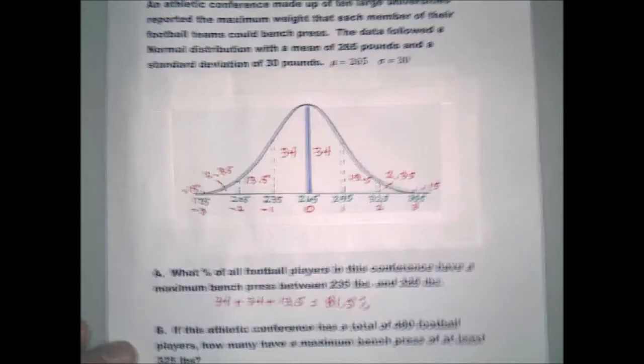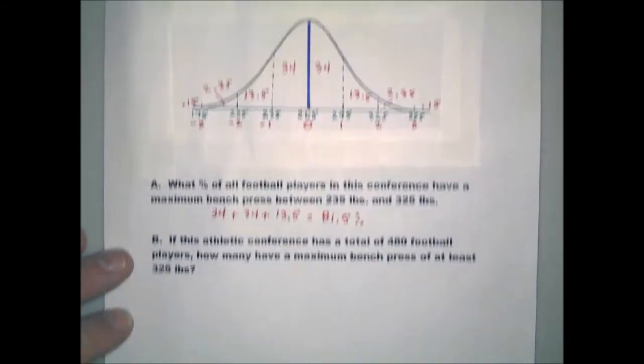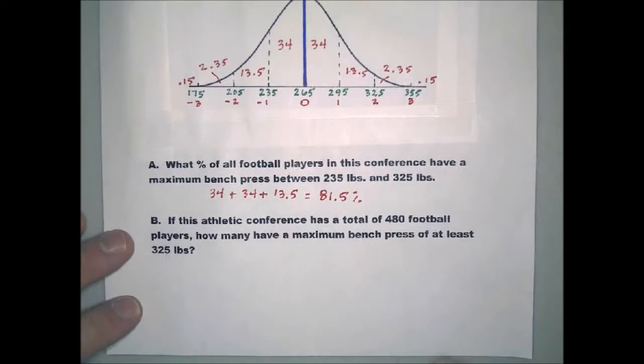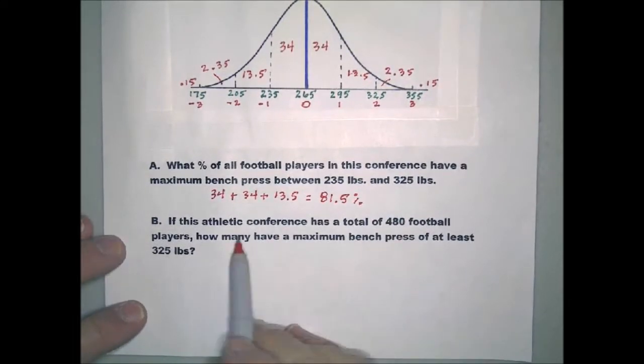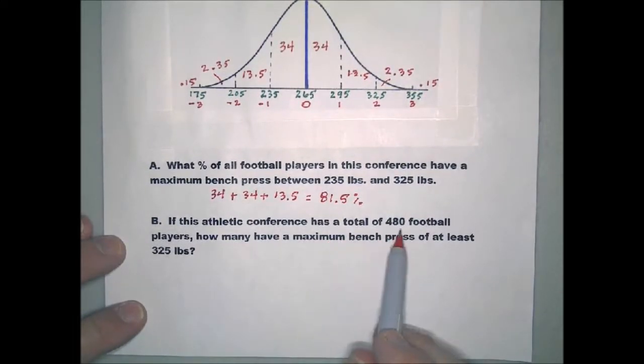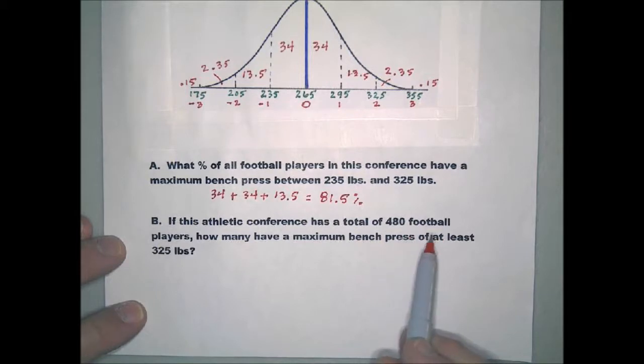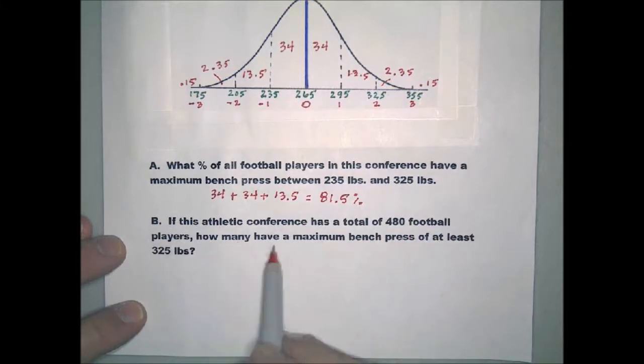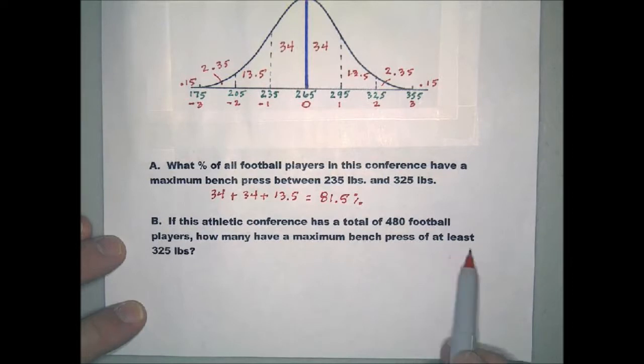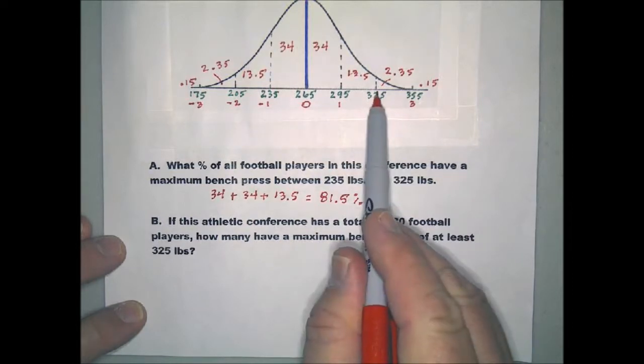Now, I can ask another question, and you see this question on your worksheets. If this athletic conference has a total of 480 football players, how many have a maximum bench press of at least 325 pounds? Well, at least 325 pounds gets us right here and above.